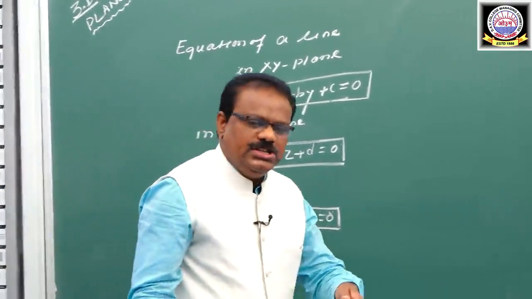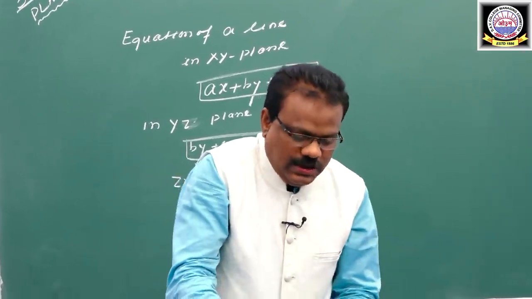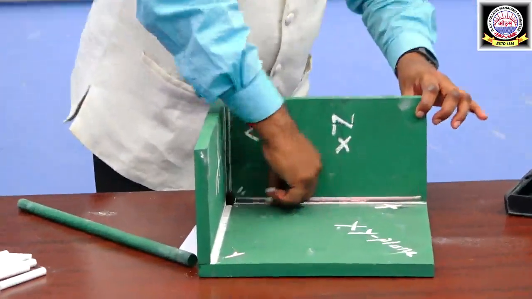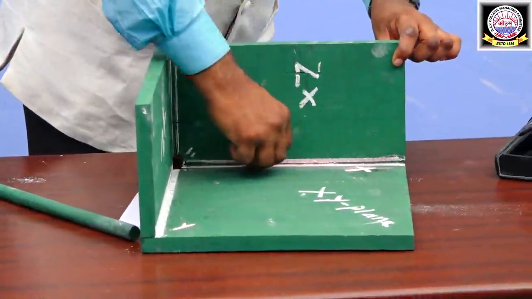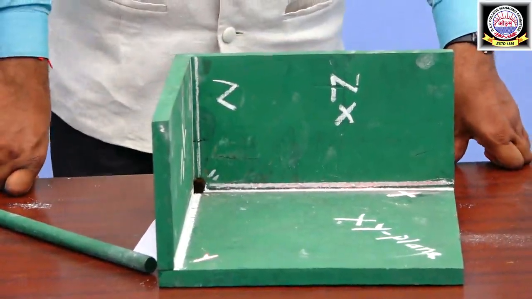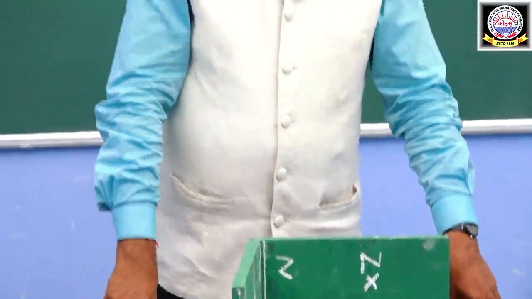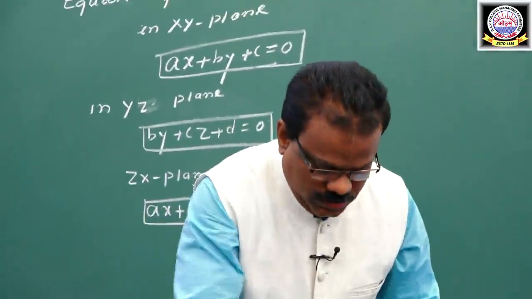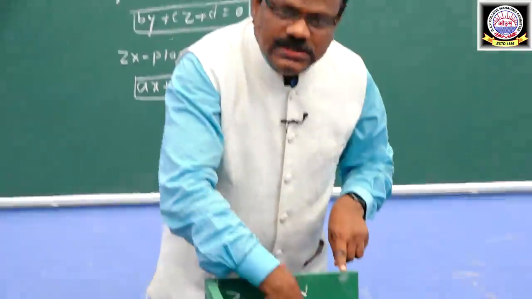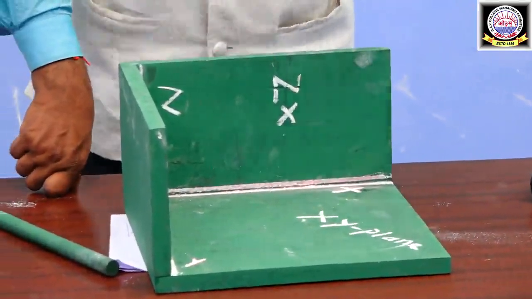Okay, let us imagine. I am talking about the line in the xy plane. The equation is already ax plus by plus c is equal to 0, the standard equation you know from the standard 11. Each and every point you see on the line has an x coordinate and a y coordinate.